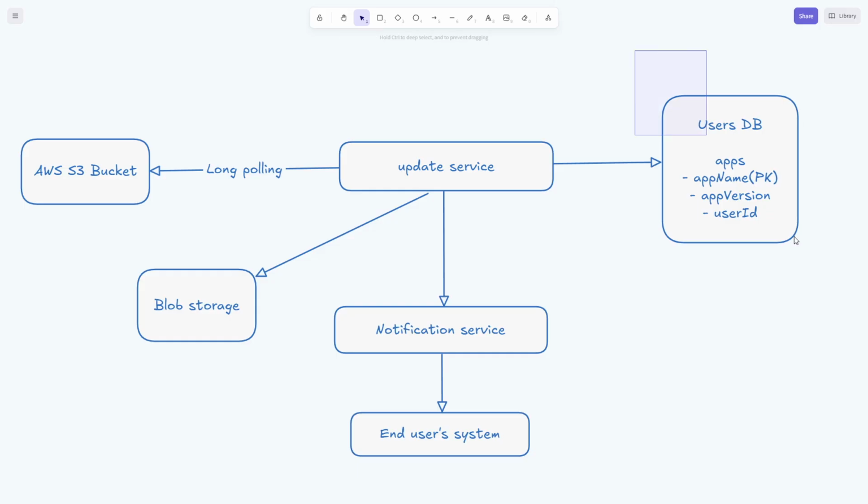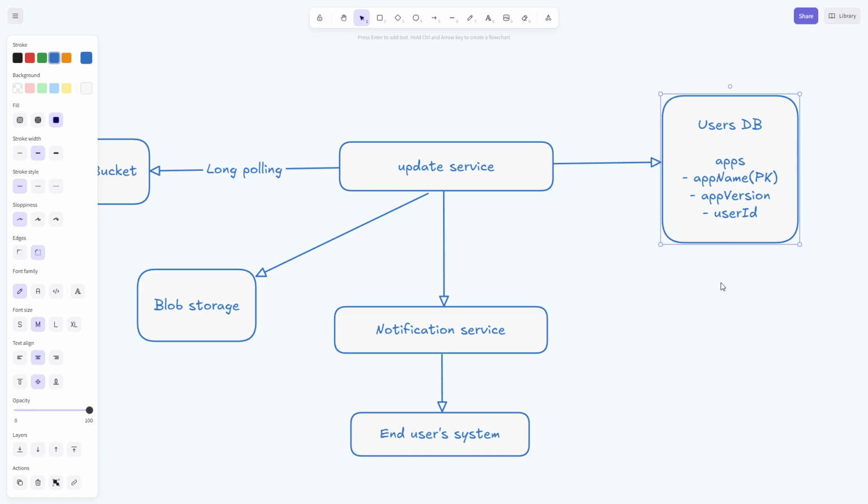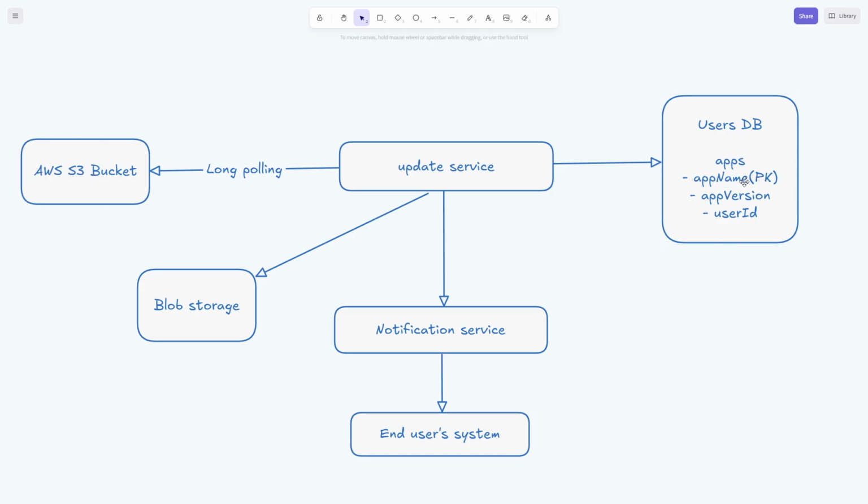For that I had to maintain a user DB, in which I maintained a table apps where I had the primary key as app name, then the app version and user ID, because we need all these details to determine which users we have to push a particular app's update to.